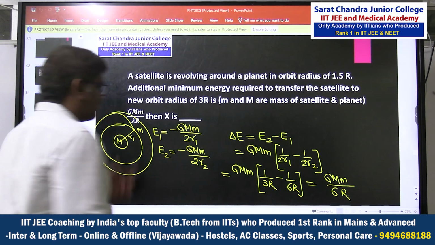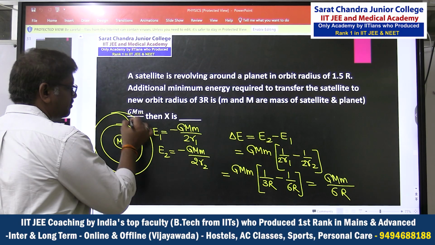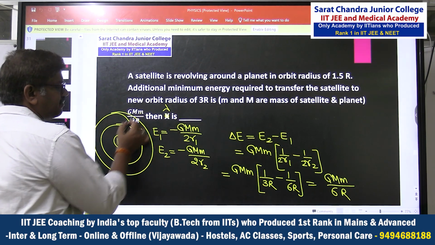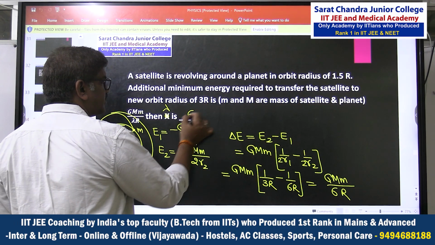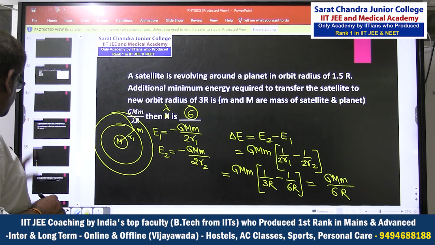And since you have to compare with GMm by lambda R, again a mistake, this is xR or lambda R, otherwise make it lambda. So GMm by lambda R, and then you have to find out the value of lambda. So simply by comparison, you can get the answer as 6. All right. Okay, move to the next one.